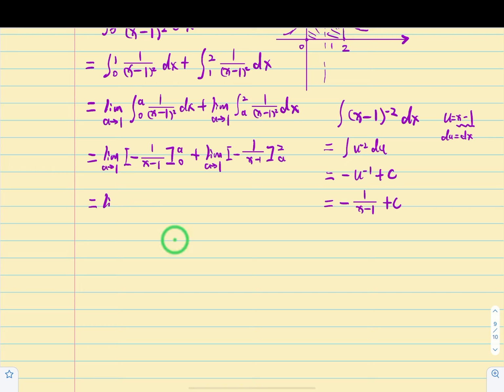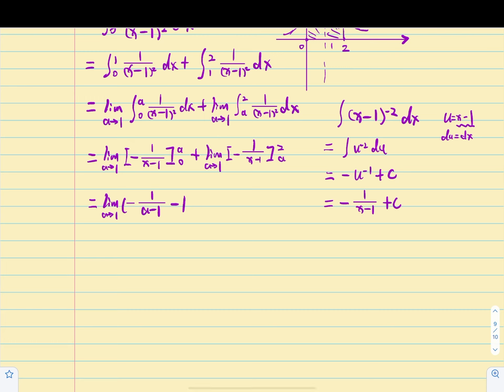We have the limit as a approaches 1 of negative 1 over a minus 1, minus substituting in 0. Minus 0 inside, this will be negative 1 over negative 1, so the negative becomes positive, so it's minus 1.